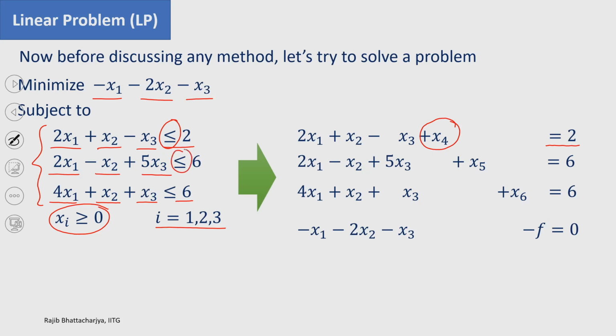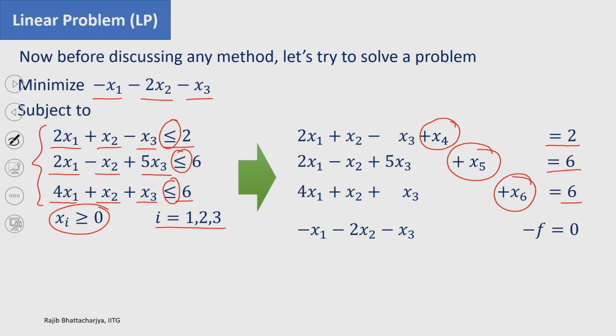Similarly, the second one is also a less than or equal type constraint, so I am adding another slack variable, x 5, to make it equal. The third one is also a less than or equal type, and therefore I am adding x 6, another slack variable, to make it an equality type constraint.